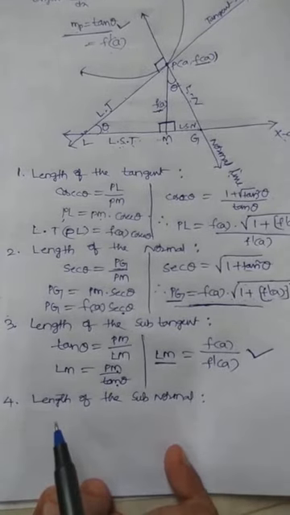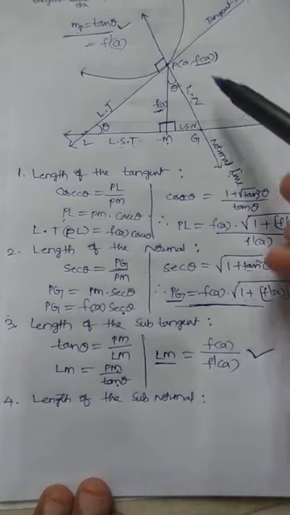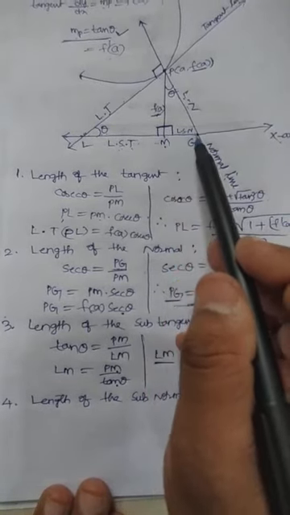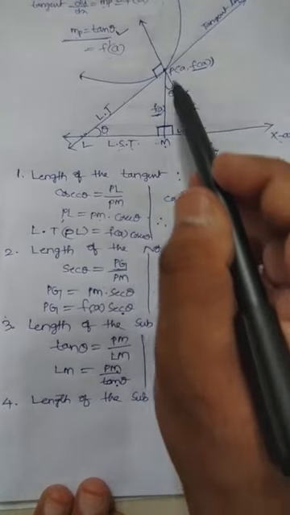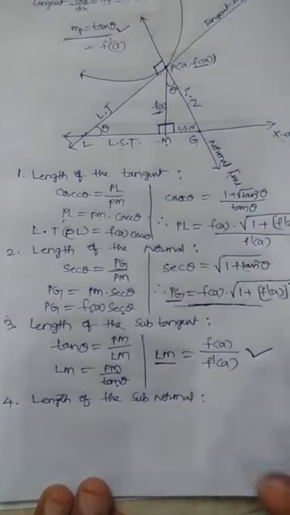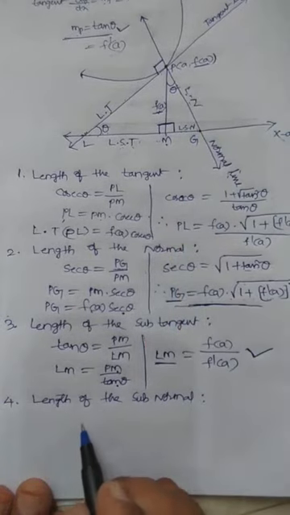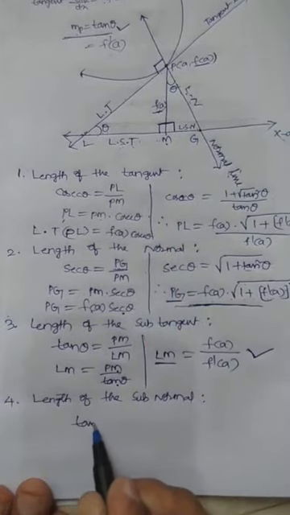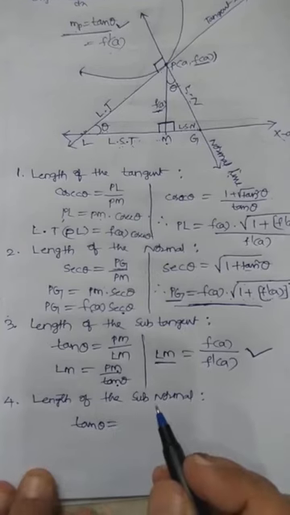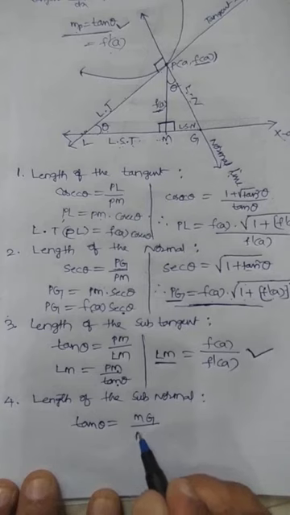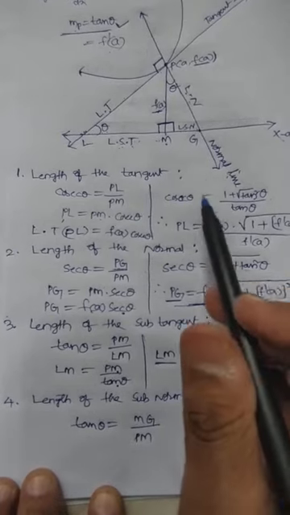Now the last one, the length of the subnormal. The length of the subnormal is this one, MG bar. I would take this right angled triangle PMG. From this I get tan theta, which is MG bar by PM bar.